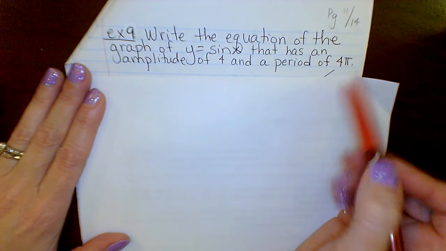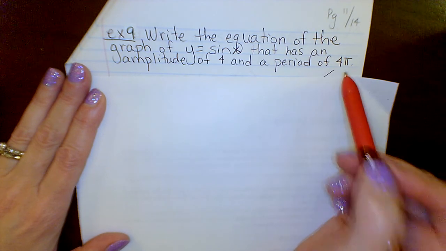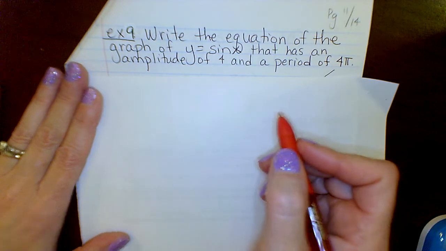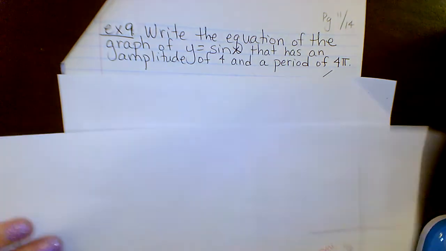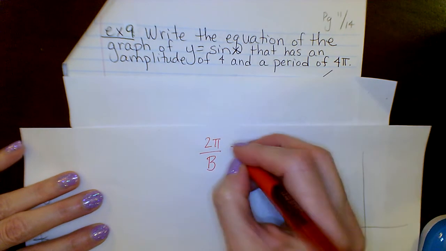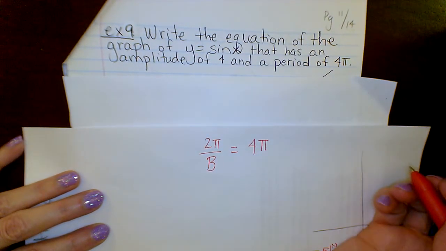The period is 4 pi. That's not your b value. Be careful. Your final period is 4 pi. That means when you do that 2 pi over b business and you get the new period, that is 4 pi.